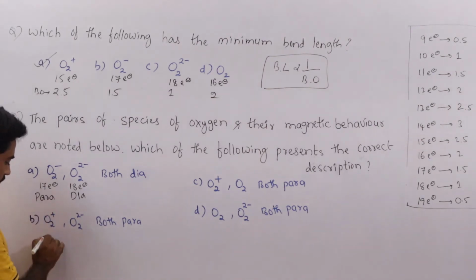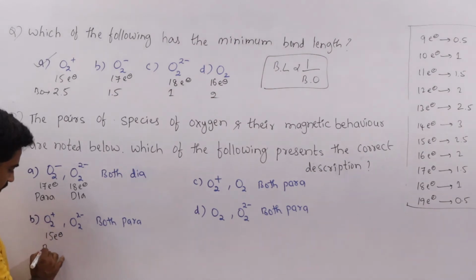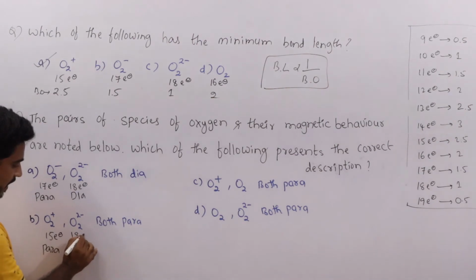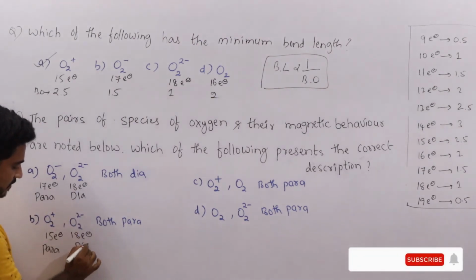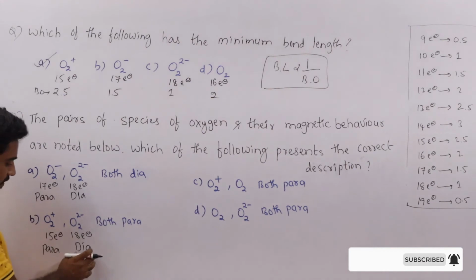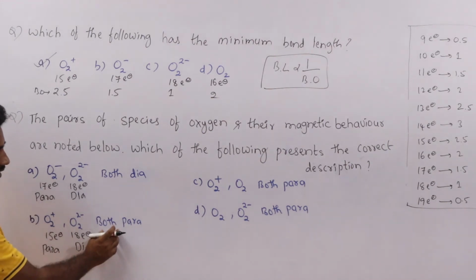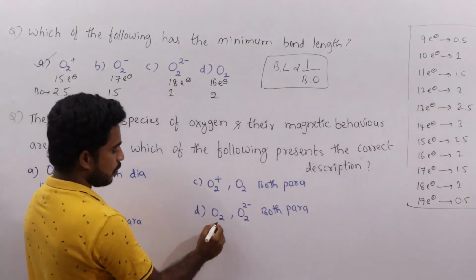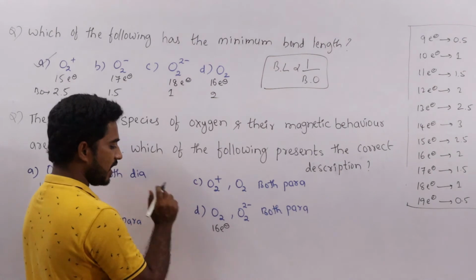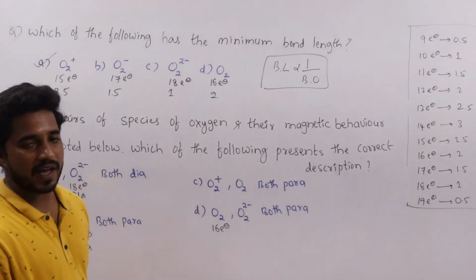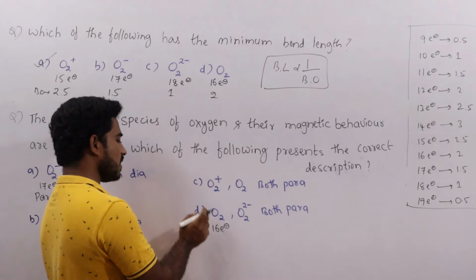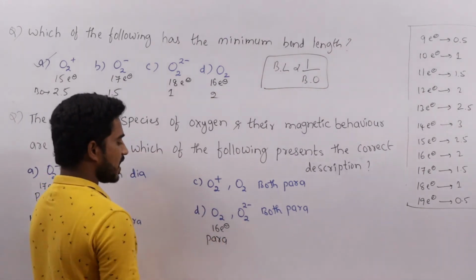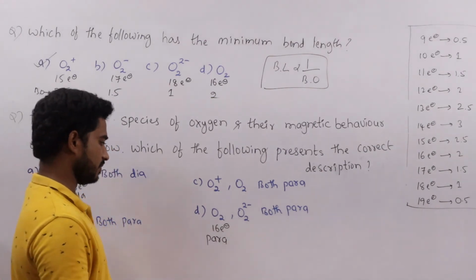Here O2 plus has 15 electrons, an odd number, so it is paramagnetic. O2 2 minus has 18 electrons, as discussed, so it is diamagnetic. So one is diamagnetic and one is paramagnetic, but the option gives both as paramagnetic. Now O2 has 16 electrons, an even number, so we might think it is diamagnetic, but this is an exception: the 16 electron species is paramagnetic because it contains unpaired electrons.